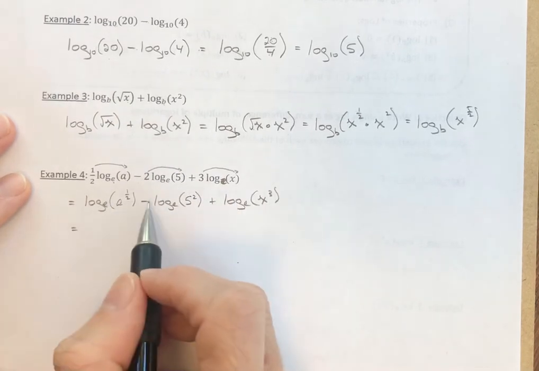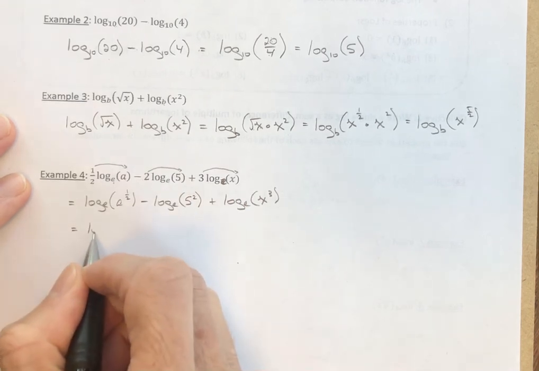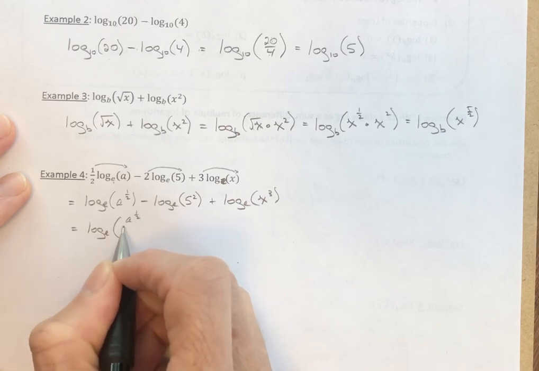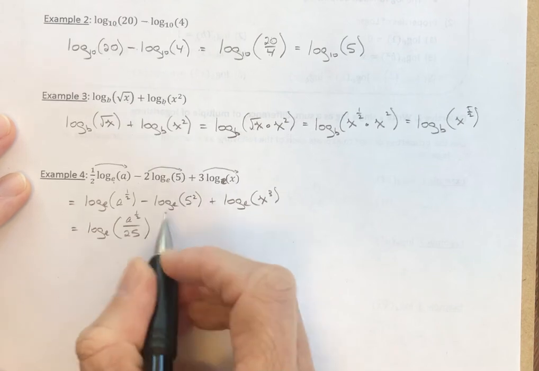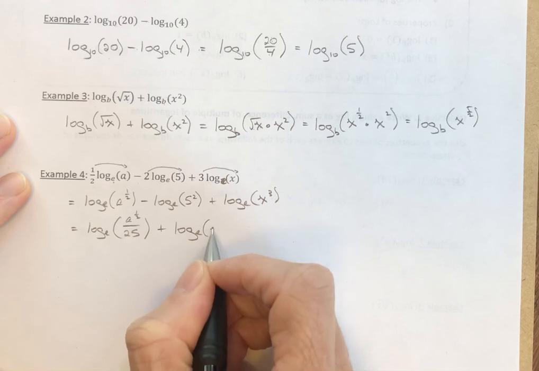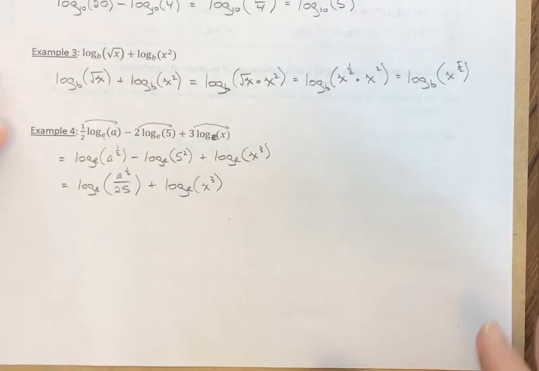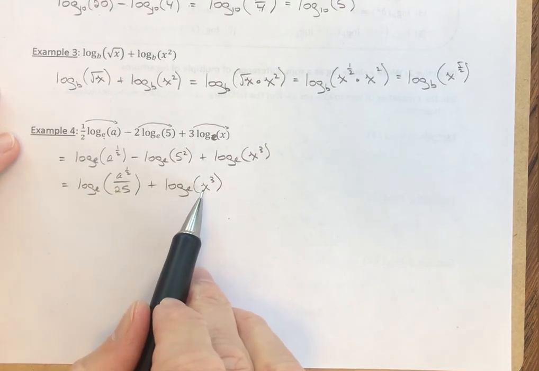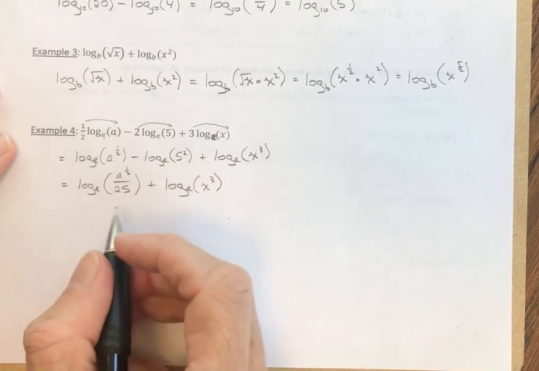I have a log minus a log. That's a quotient. So this is the log base e of a to the 1/2 divided by, I'll go ahead and do the math, 5 squared is 25, plus the log base e of x cubed. Now I have a sum of logs, and we know from property 4 that's a product, so I can multiply those two.